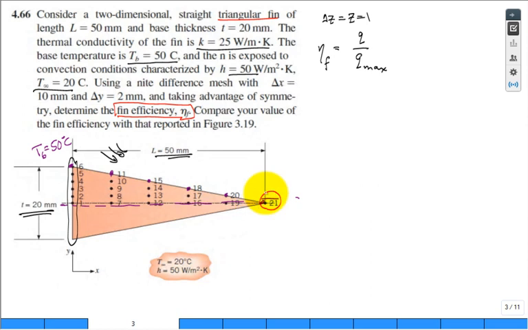So if somebody said calculate Q, this Q right there, you would say it's how much is coming off of the fin surface. And I'm just going to worry about that top half because of symmetry. I would double it for the full fin. And so I have a certain amount of real estate up here devoted to node 6. I have a certain amount of real estate devoted to node 11.